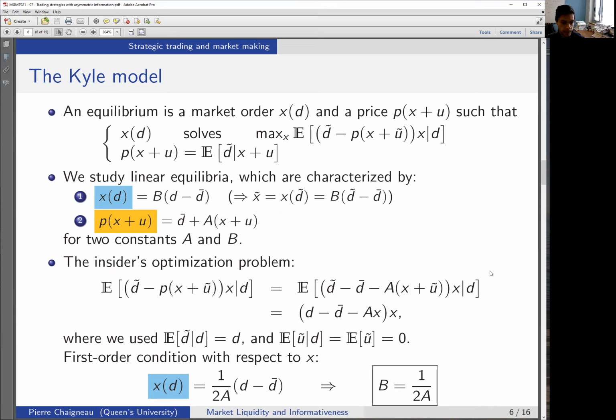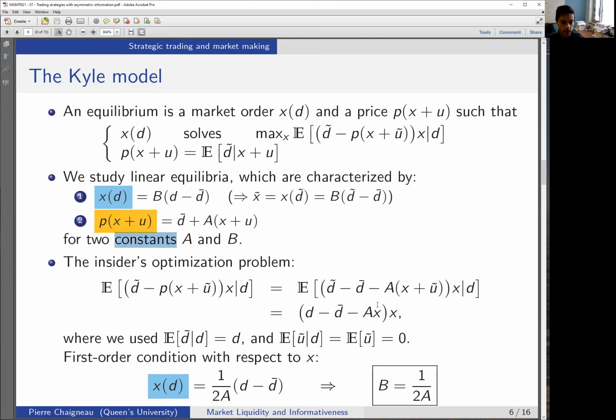Now the next step is to take expectations, right? Here I have a conditional expectation, conditional on d. So I'm going to get the expected value of d tilde conditional on the realization d of d tilde. That's simply d. Minus d bar, that's a constant, so that remains a constant. X is constant from the perspective of the insider.